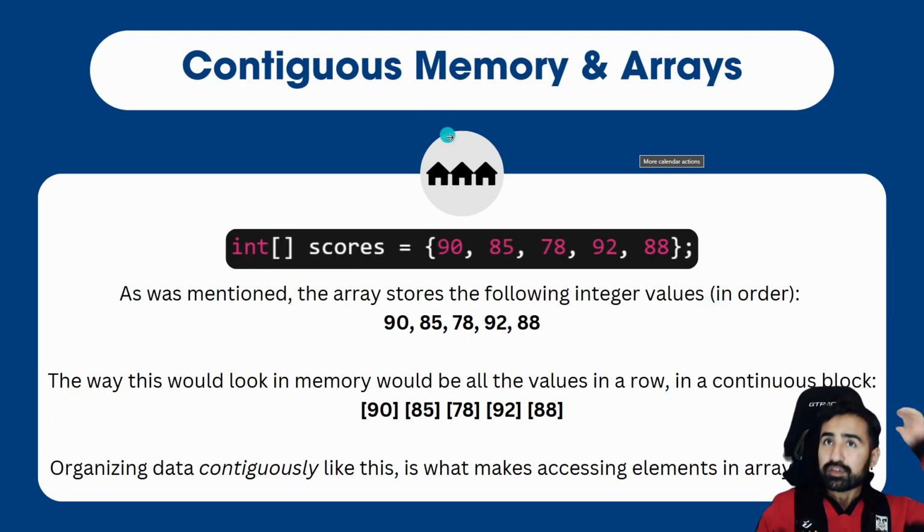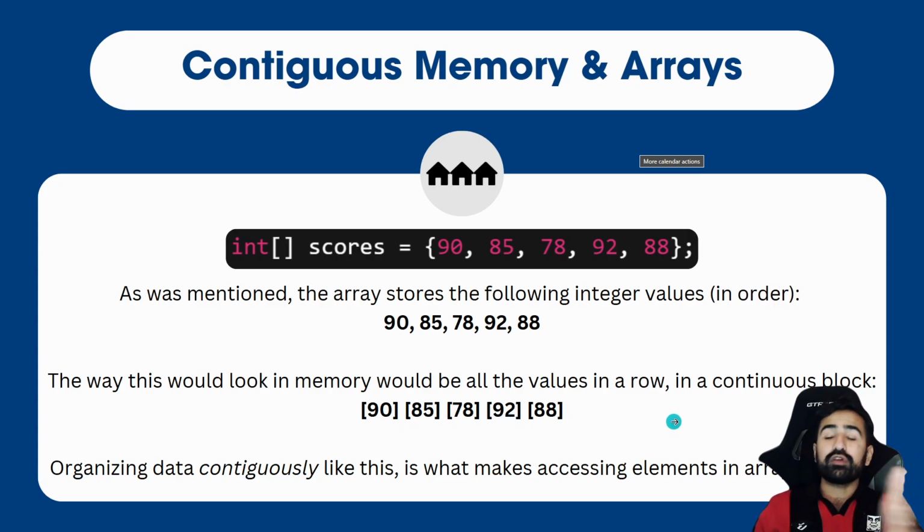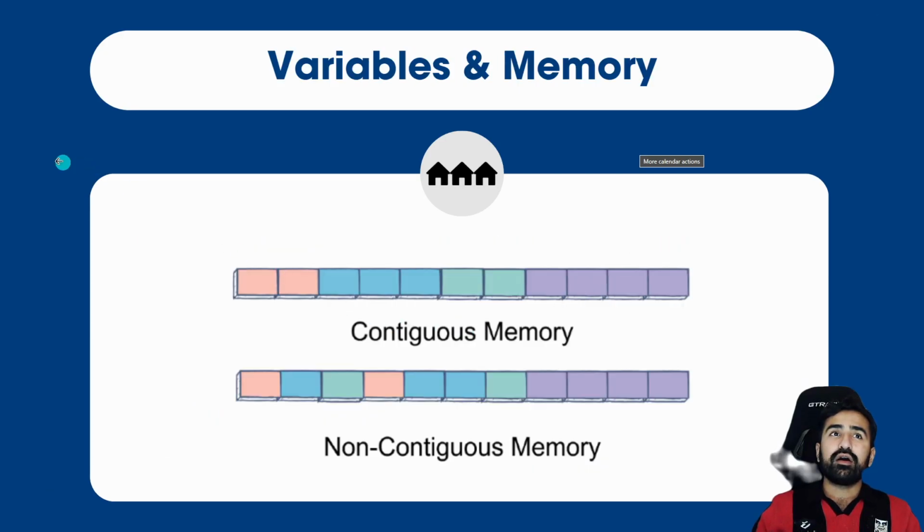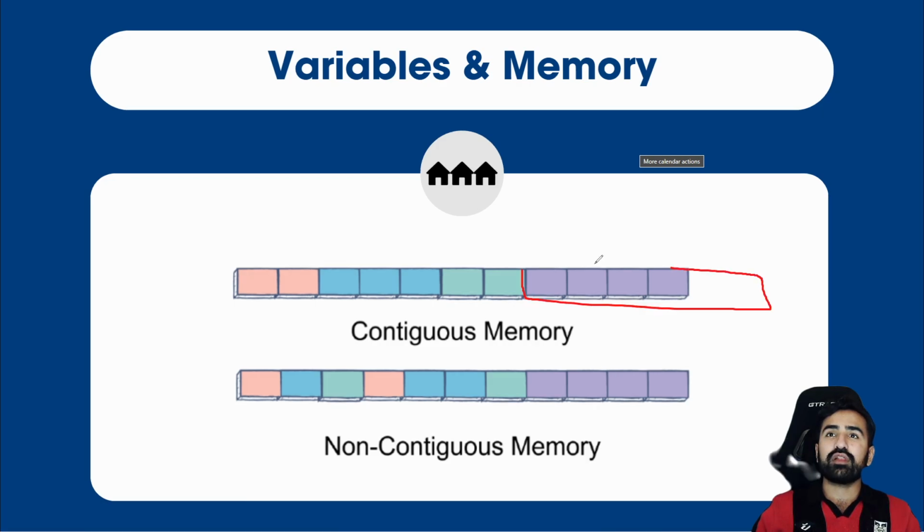So yeah, contiguous memory in arrays. As we mentioned before, the array stores the following integer values in order in memory. So in memory, these values would be in a row, in a continuous block. Remember, if we go way back here, an array of 5 would have 5 continuous blocks. We could do one more block there. Let me fix that.